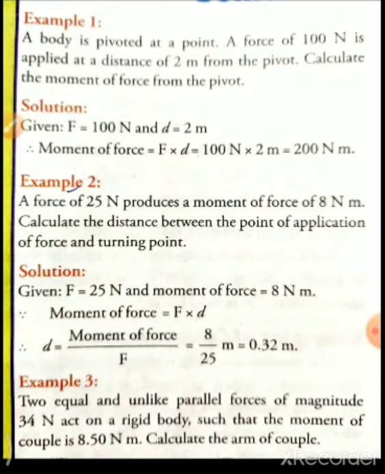At the same time, both the forces are parallel to one another. Equal and unlike forces, not like forces, of magnitude 34 Newton act on a rigid body such that the moment of couple is 8.50 Newton meter. Calculate the arm of couple.